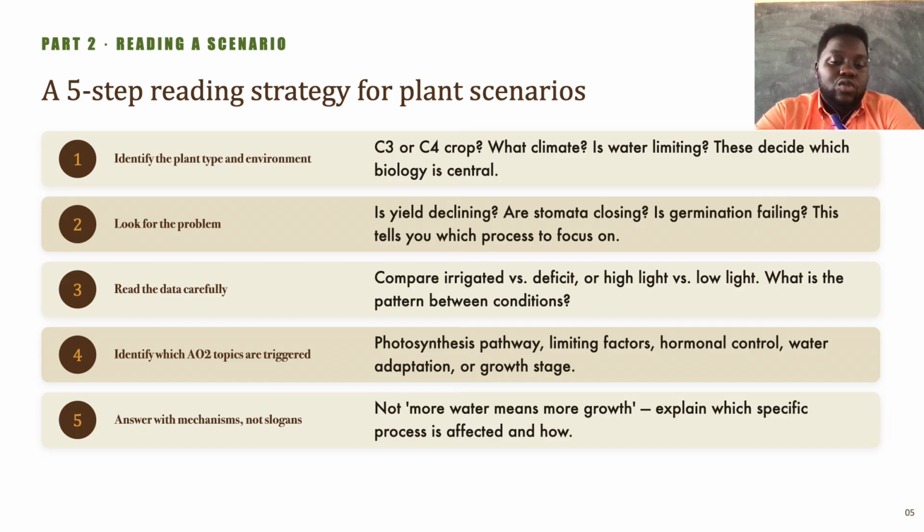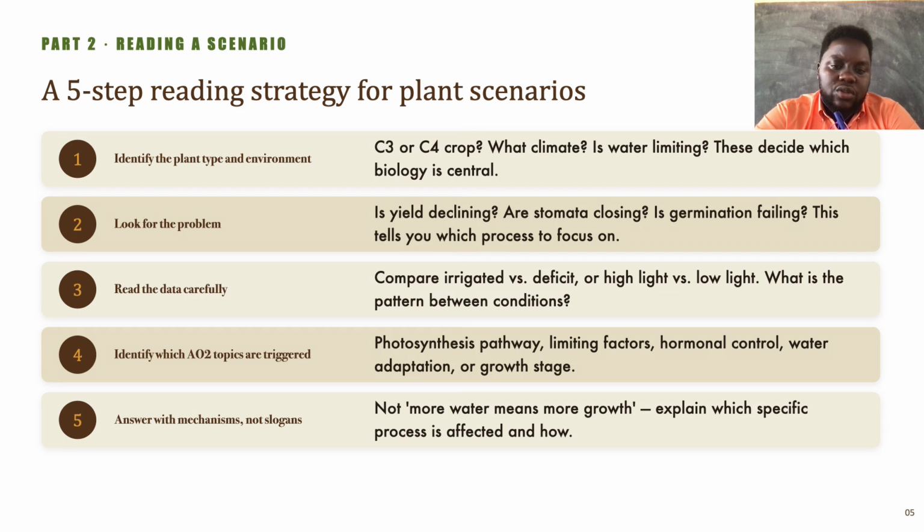What you've written is not wrong, but it will not earn you marks, because what you've written does not explain any biological process. Okay? What you need to do is to state the specific processes that are affected and exactly how they are affected. So instead of writing more water helps the plant, you would rather write increased water availability keeps the stomata open, maintaining carbon dioxide entry into the leaf, sustaining the rate of carbon fixation in the Calvin cycle.